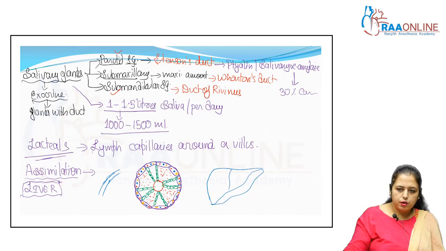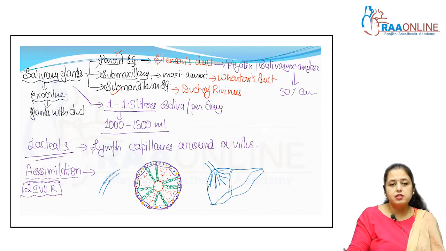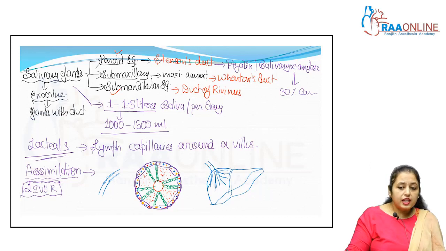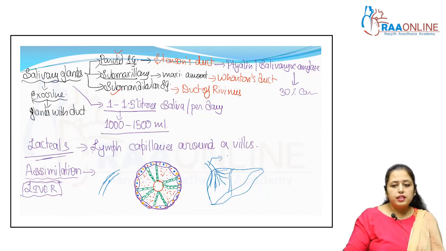It divides into branches, where the detoxification of the substances occurs, right. That hepatic portal vein carries the maximum amount of ammonia, right.